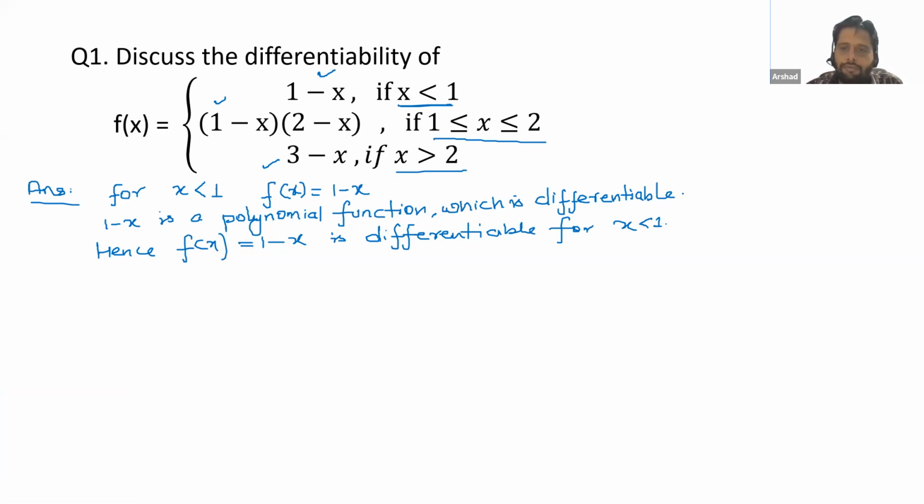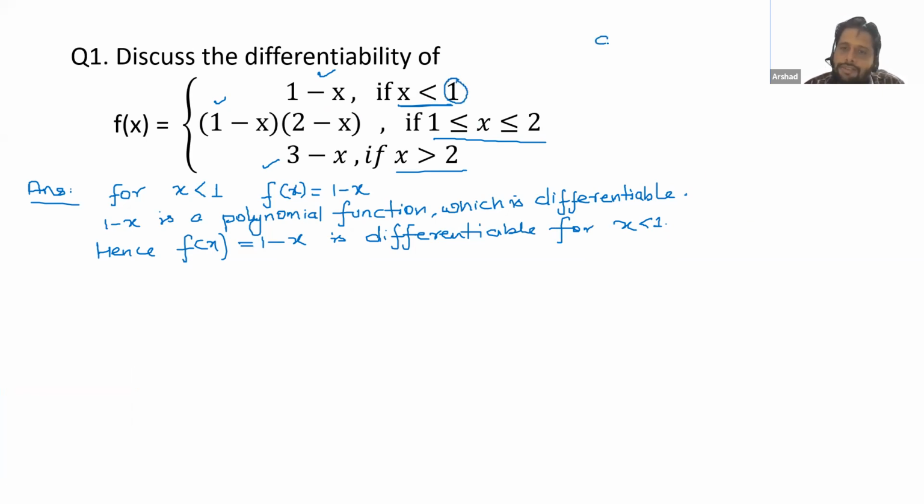Now, we used the same thing in continuity. In continuity, I told you that for x less than 1 the function is continuous. Only at particular points are there chances that the function is not continuous, or in this case, not differentiable.